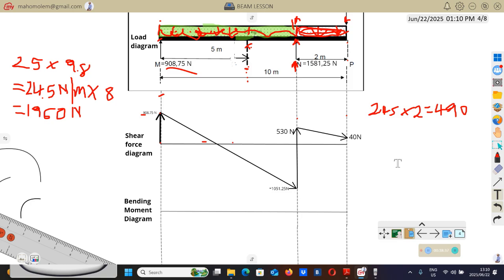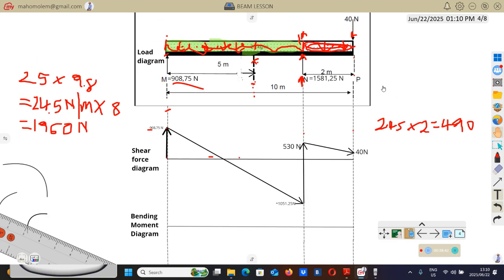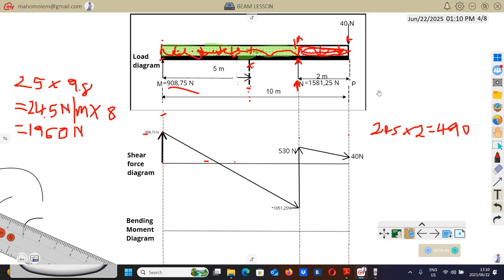From there, at the very same point, we find a point load. Remember, we have a point load here of 40 Newton going down. So here's that force. And that means from here to there, we have to draw a line representing that point load. Remember, a point load will be represented by a vertical line. Then we have to draw a vertical line from here going down.